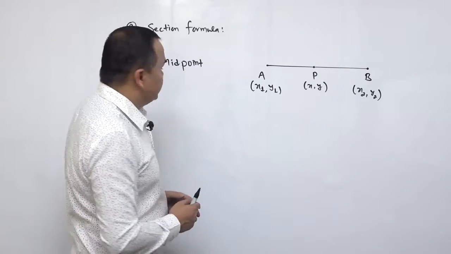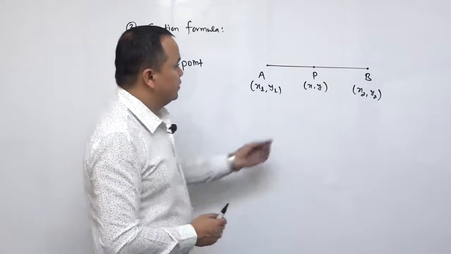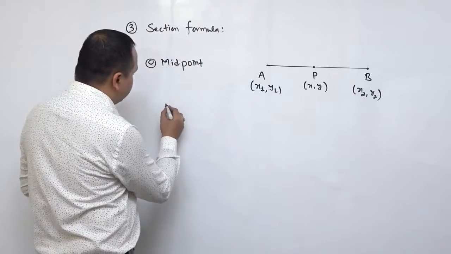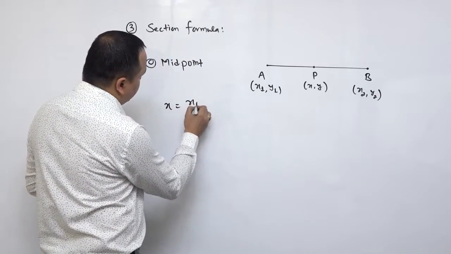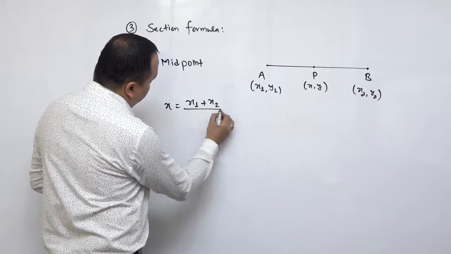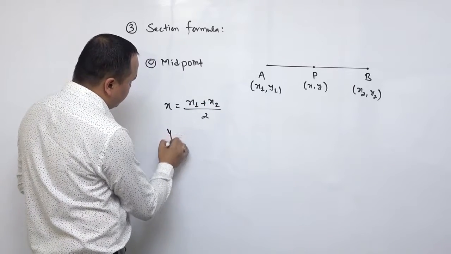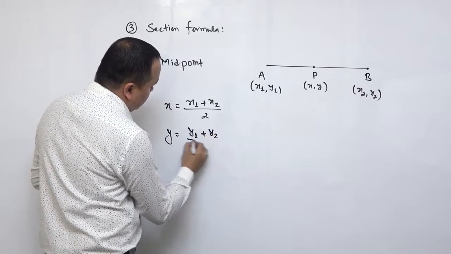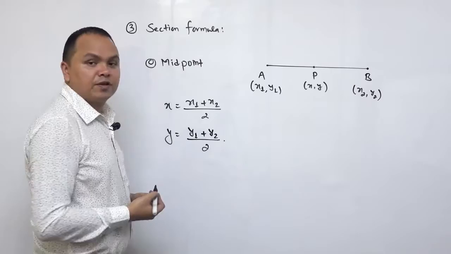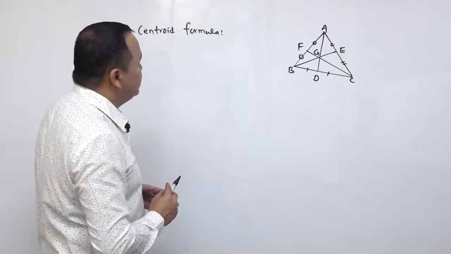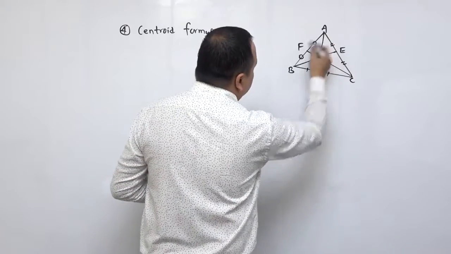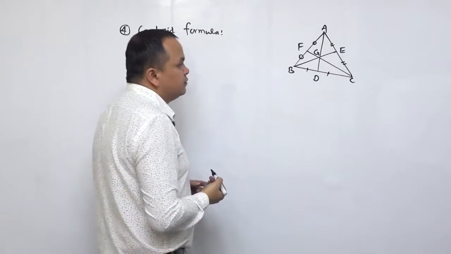Now see the midpoint formula. P is the midpoint of AB. Then x is equal to (x1 plus x2) by 2 and y is equal to (y1 plus y2) by 2. Midpoint formula. For the centroid formula, here ABC is a triangle.